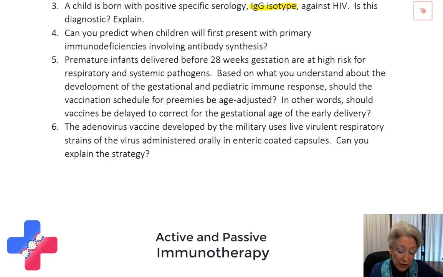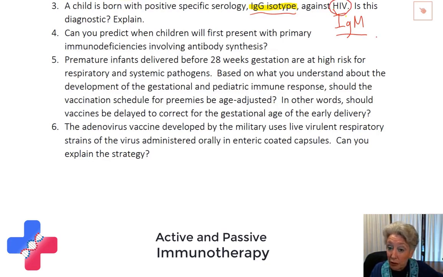Now, by contrast, if I measured IgM in that child, if I had said to you specific serology IgM isotype, that would tell me indeed that the child was infected. But of IgG isotype, I can't tell the difference between any that the child might have made and what the mother made.